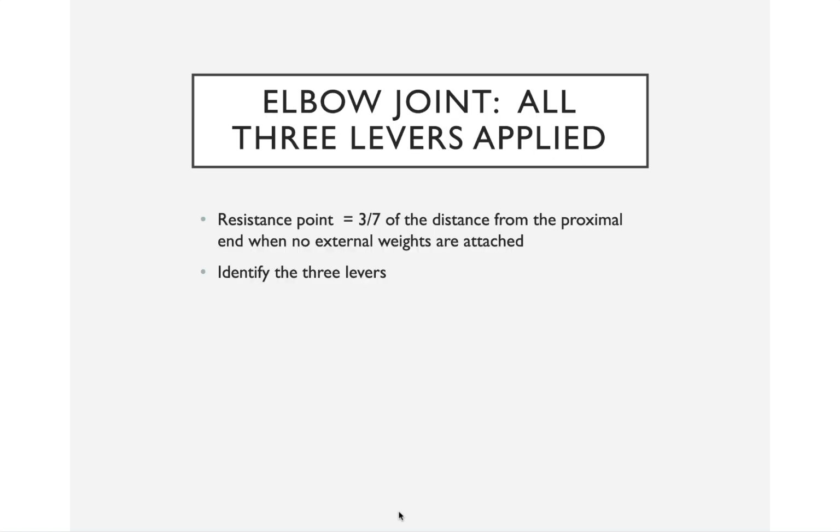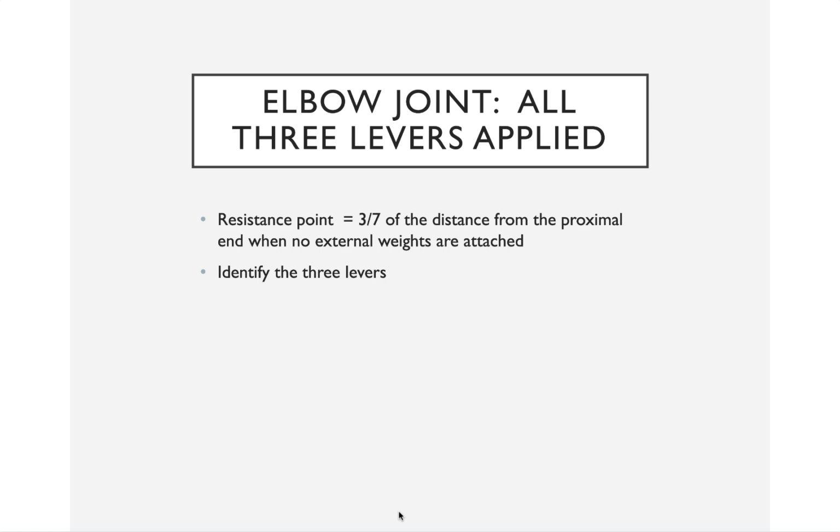Now, we've talked about first, second, third class levers, but the elbow is really interesting because we can actually apply all three levers to movement at the elbow. So the first thing we always have to define, we've talked a lot about where the resistance is, but resistance has a point.